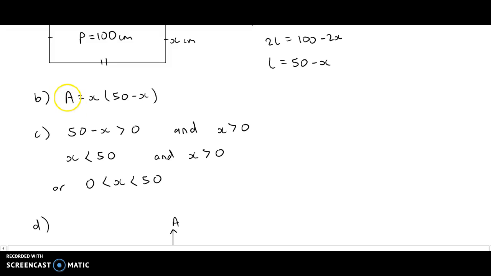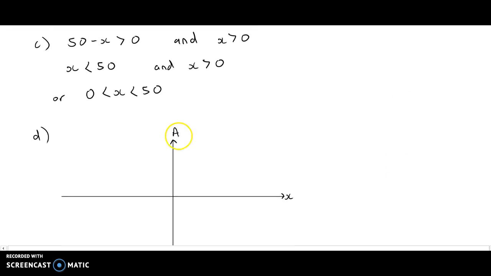Here our subject is A, so our vertical axis we need to label as A rather than y, A representing the area. And then our horizontal axis just stays as x. Now we just found that x can be between 0 and 50. So we've got 0 here, 50 over here.